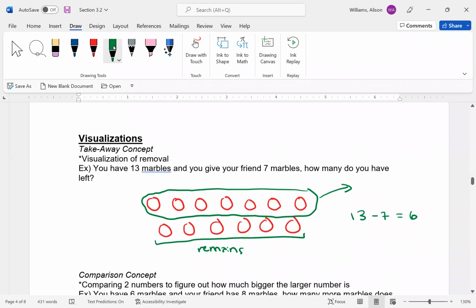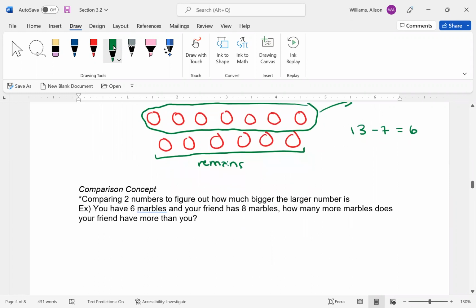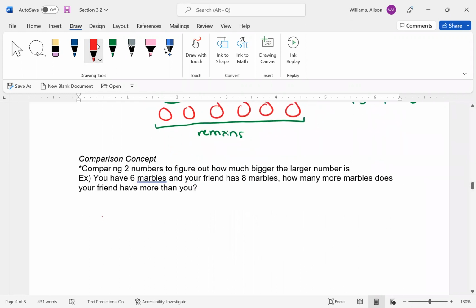That's the takeaway concept. Then there's the comparison concept, when you compare two numbers to see how much bigger the larger number is. You have 6 marbles. Your friend has 8 marbles. How many more marbles does your friend have? Here's you: 1, 2, 3, 4, 5, 6.